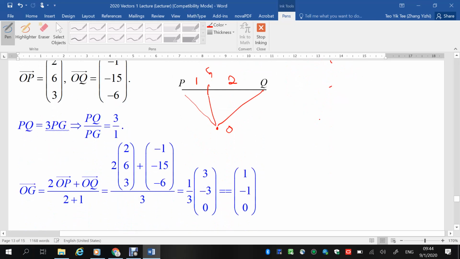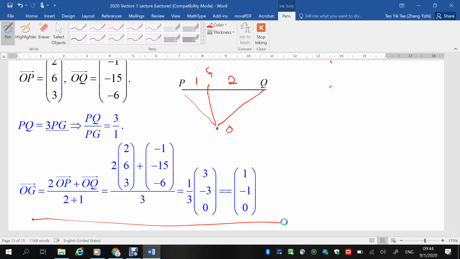So activate your ratio theorem formula, fit in the numerical data for OP, OQ, you are done. Very simple if you can survive the first test of writing down 1:2. After you write down 1:2, this magic diagram appears. What should trigger in your brain will be your ratio theorem.